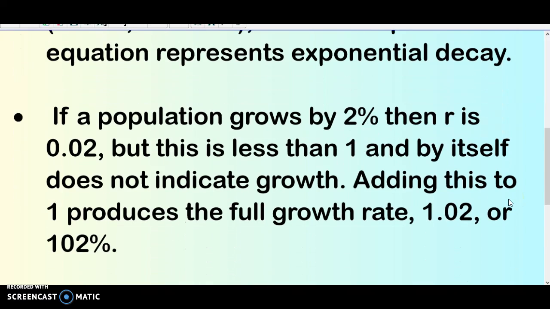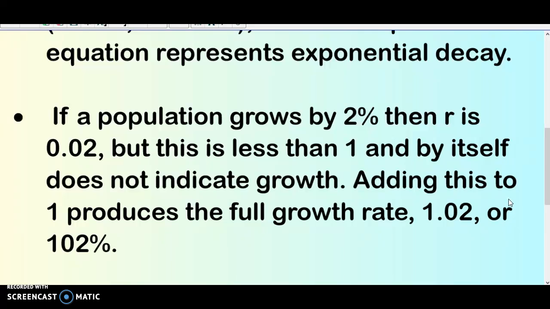Now, if you're told that something is represented by a certain percent, you need to be careful with those, because 2% is represented as the decimal 0.02. But that's less than 1, and if I plug that into the equation, it's not going to show growth. So the number 1 means that something would stay the same, so it would be like 1 plus 2% more.